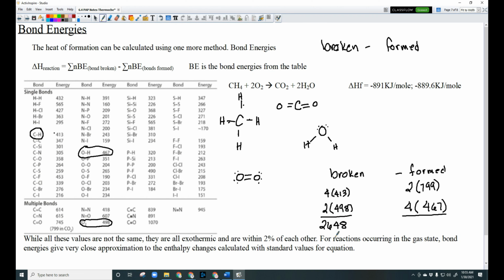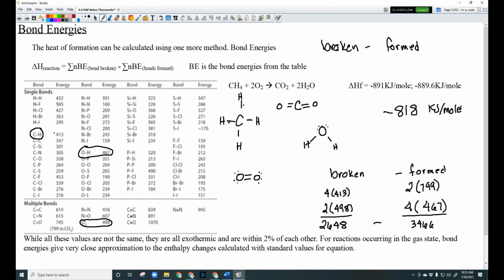Now the other side, 2 times 799 plus 4 times 467. That's going to give us 3466. So it's 2648 minus 3466. That's going to give us negative 818 kilojoules per mole.